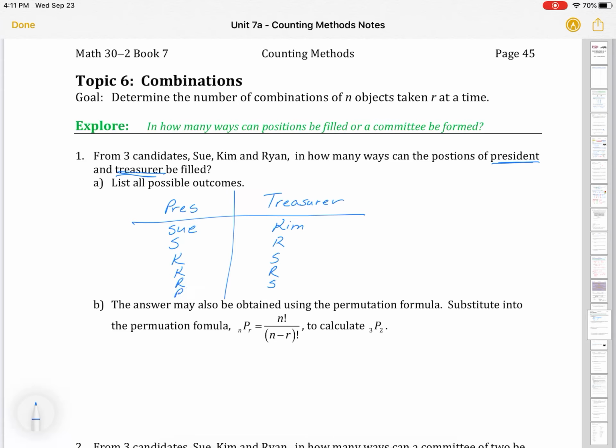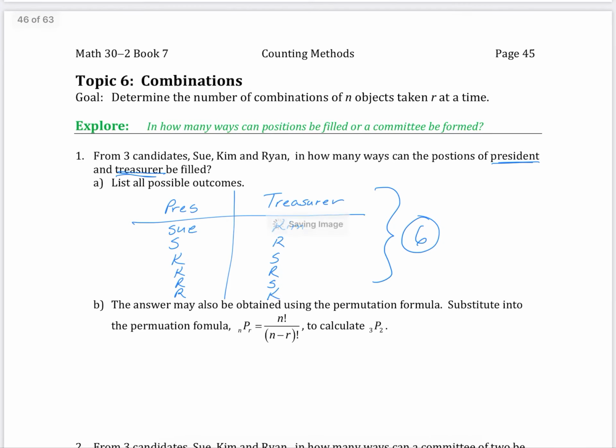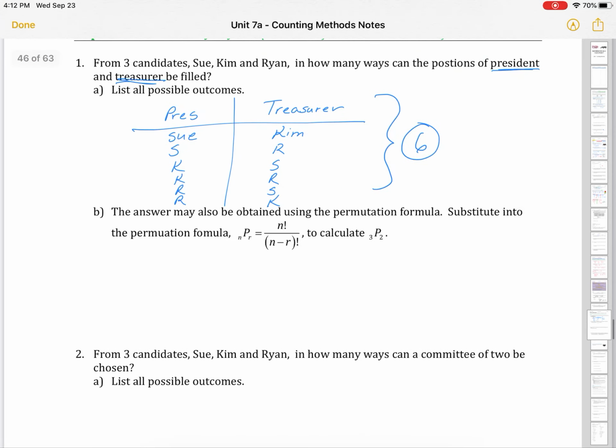We could have Kim as president and Sue as treasurer, or Kim as president and Ryan. Then we could have Ryan as president with Sue, or Ryan as president with Kim. So when we look at all that, we have 6.